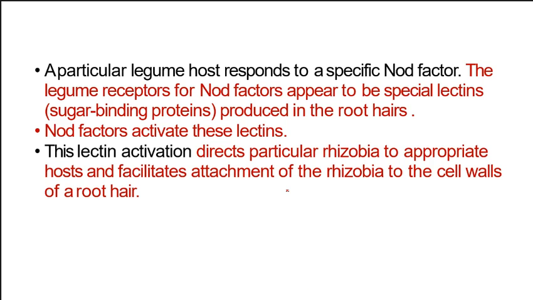Now what we have seen is that these NOD genes are first activated in the bacterial cells and they help in the formation of the NOD factor. Now I am talking about bacteria.